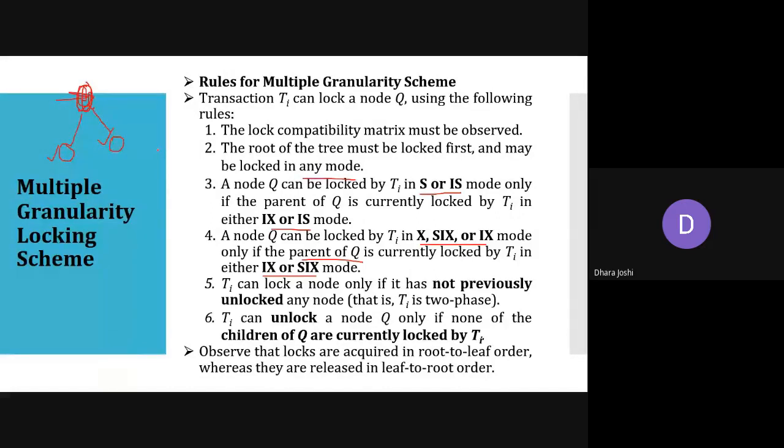Like if I want to allow anyone to take images from any of the slides of my PPT, first I need to remove the lock from the PPT itself. So the same thing, if I want to unlock any particular node Q, the children are currently locked by Ti.